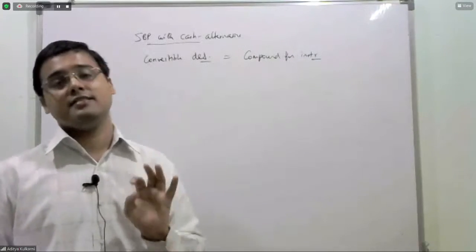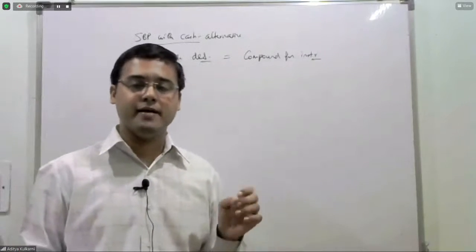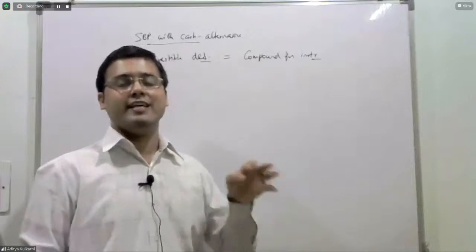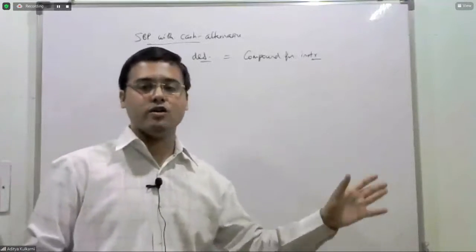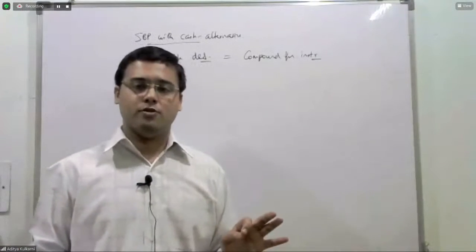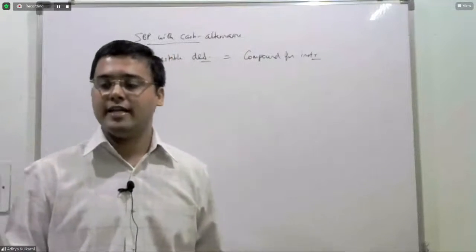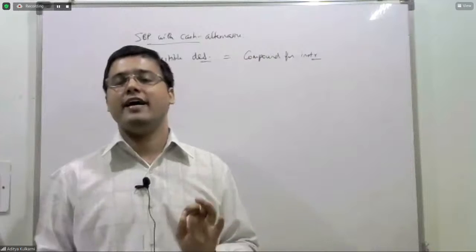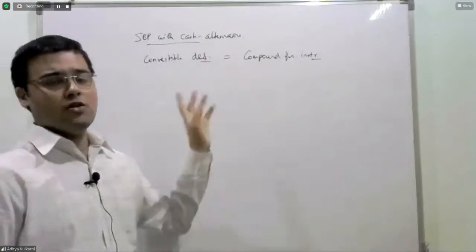The answer is yes, it is very much similar. So the accounting for a convertible debenture, how we do under financial instruments, we segregate the components into an equity component and a liability component. Similarly, we will do the segregation into an equity component and a financial liability component. If you have studied, you know how to do this.